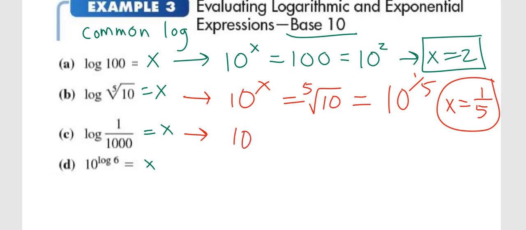So 10 to the x equals 1 over 1,000. I think you meant 10 to the negative third. Yeah, you said negative 10 to the third. Okay, I knew what you meant. So what's x? We don't know what x is? Seriously? X is equal to negative 3.